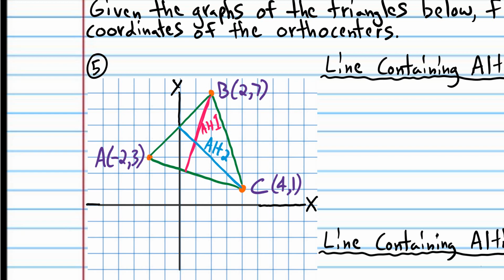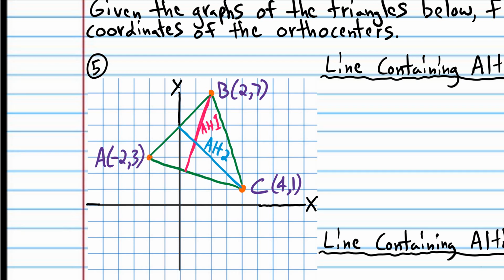And where they intersect, that's going to be the orthocenter. Now I could draw a third altitude. If I make this the base of the triangle, I could draw a third altitude, and that would also go through the orthocenter, of course, but I don't really need to do that. I know that this is the coordinate of the orthocenter because these two altitudes intersect there. Why would I need the third one?